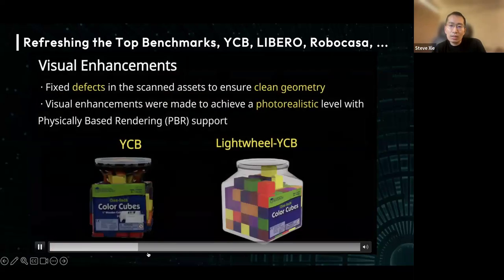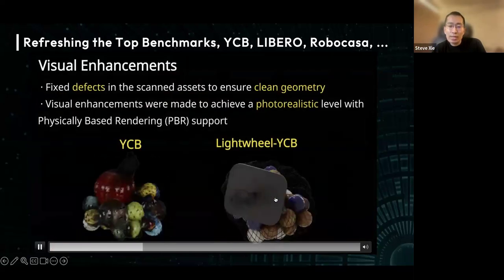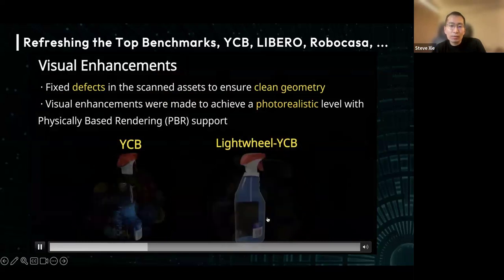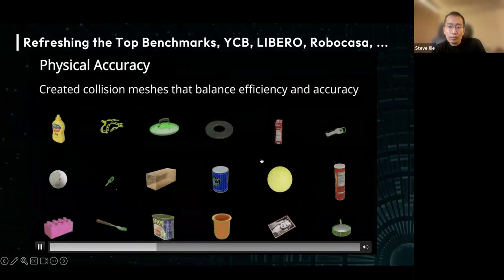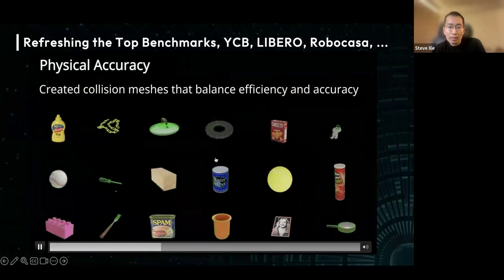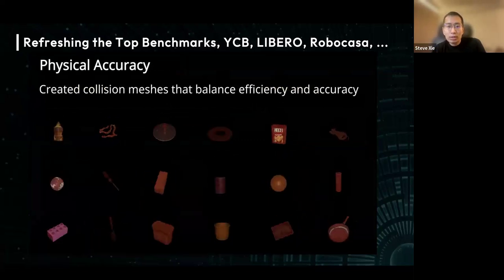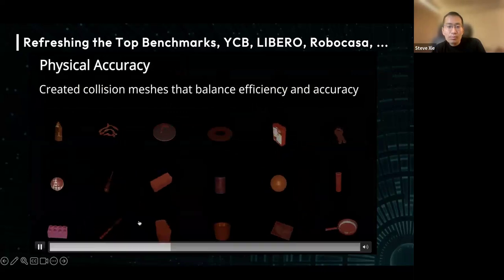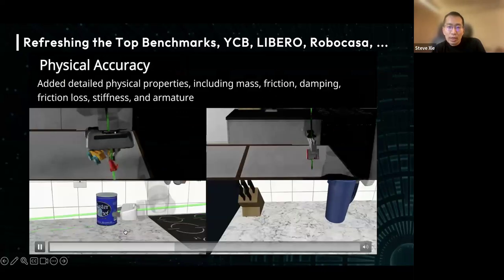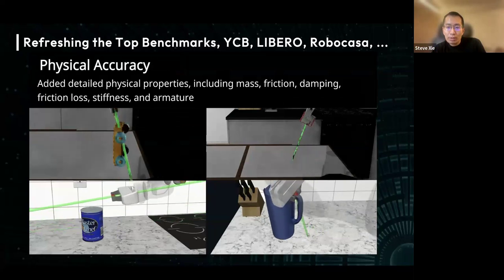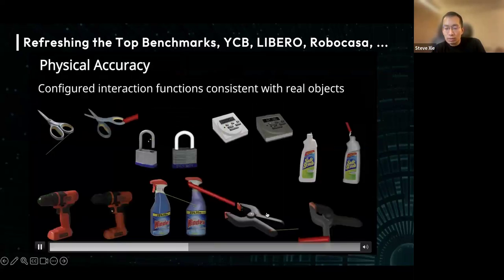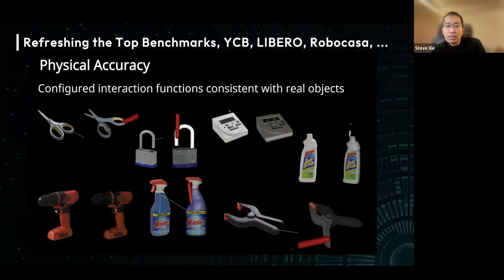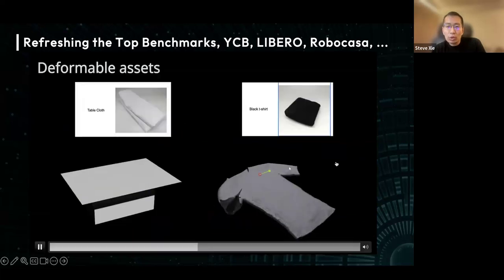And this is the new YCB on the right-hand side. So you can see that we have done a major refresh, that it is not only visually accurate, but it also has very accurate mesh, very accurate collision, right? And for each of those items, we have run human-based teleoperation in simulation to do quality control.